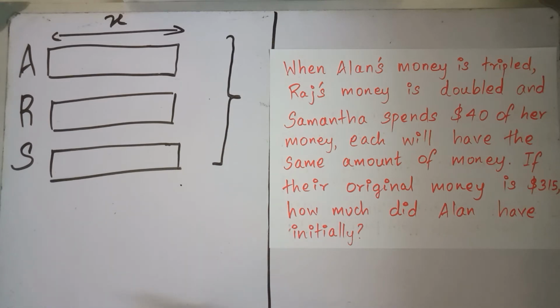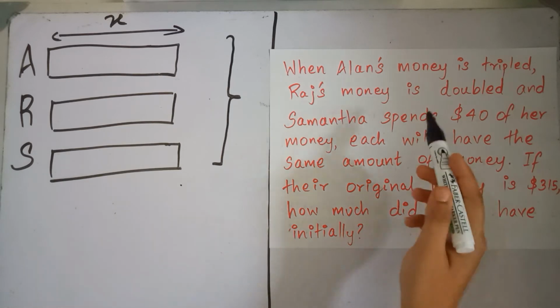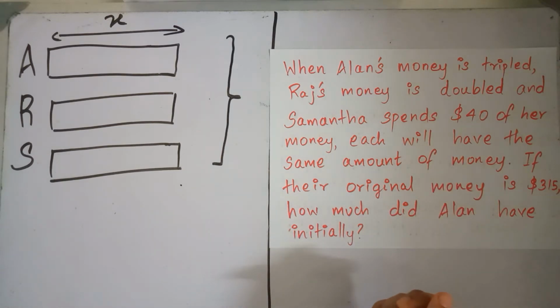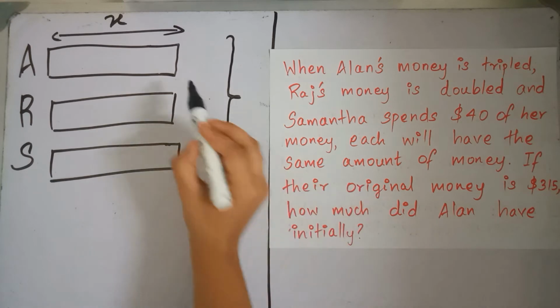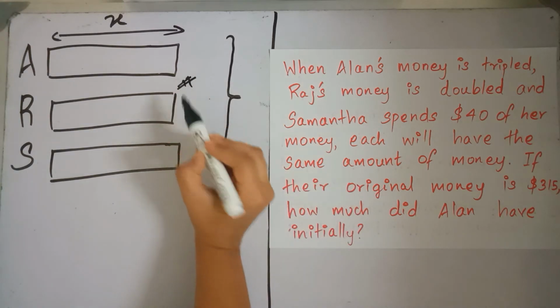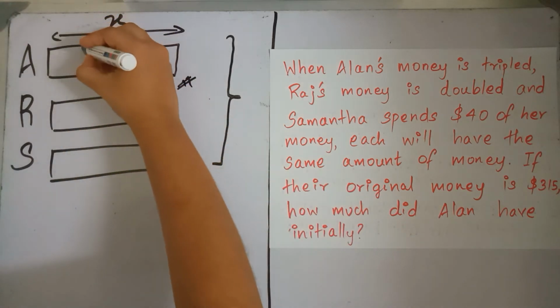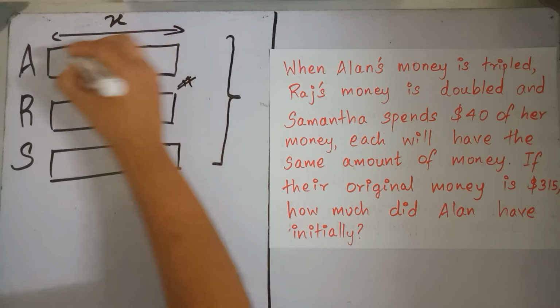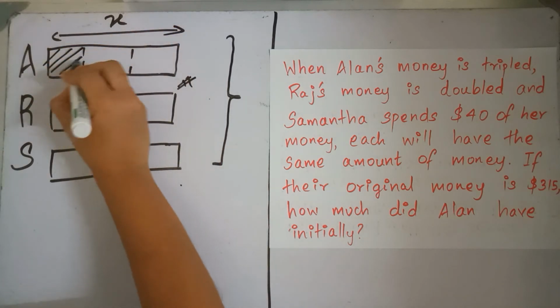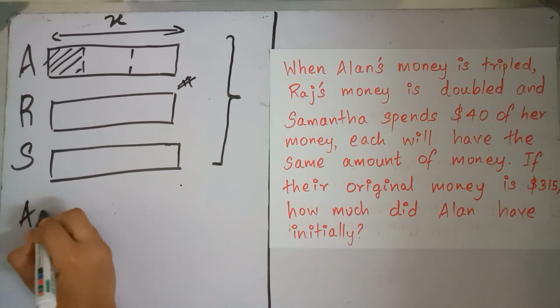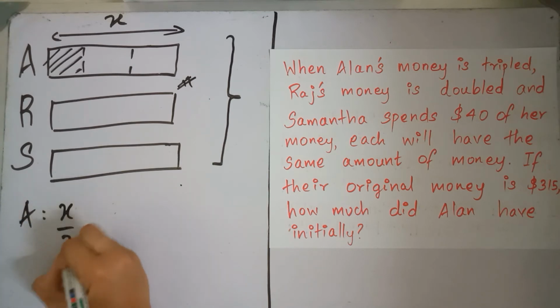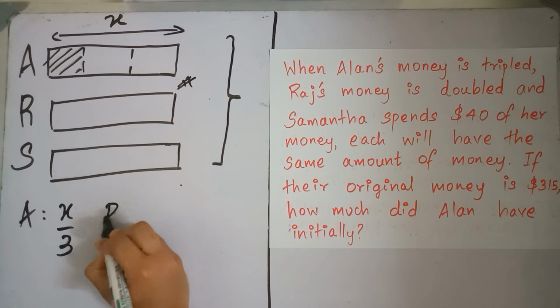What happens is, from the initial to the final, Alan's money gets tripled. So if it gets tripled and he has X after tripling, then initially he must have had only 1/3 of X. So Alan would have had X by 3. What about Raj?